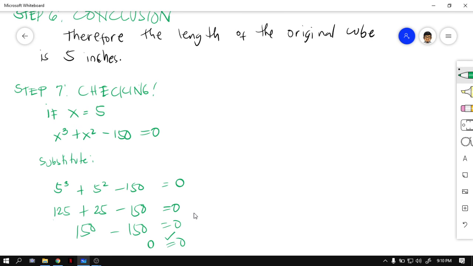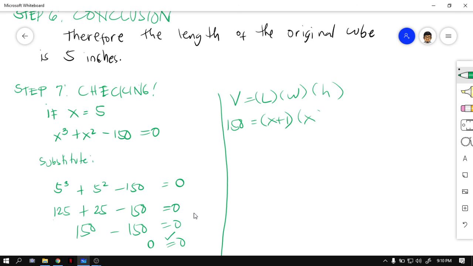Correct! There is another way of checking. Our original: V is equal to length times width times height. And that is equal to 150 is equal to x plus 1 times x times x. And in which x is equal to 5.